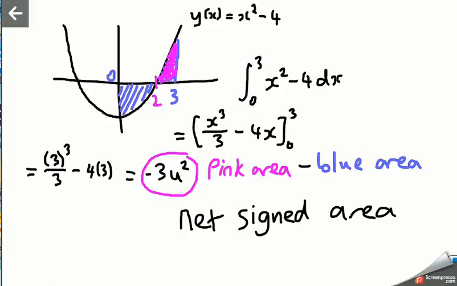In other words, we don't care whether it goes above or below the x-axis. We just want the net signed area, which is going to be the area of everything above the x-axis, so the pink area, minus the area of everything below the x-axis, so minus the blue area. Okay, so that's the net signed area.